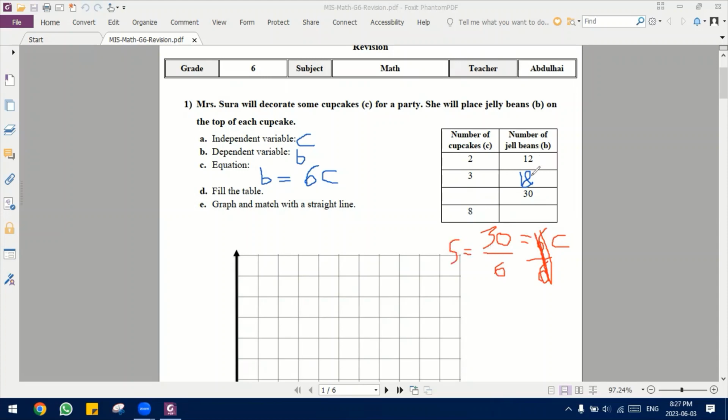It means if I have 30 jelly beans, I have 5 cupcakes. Then the last one, we have C, we need to find B. We substitute the value of C. So 6 times 8, B will be 48.